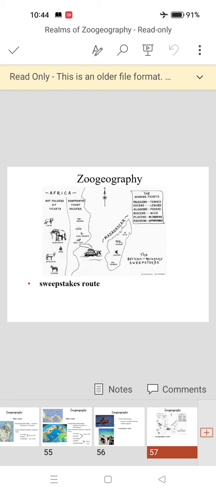Zoogeography is the science of mapping out the surface of the earth with reference to fauna and the distribution of animal life. The various regions of the earth's surface were characterized, among other differences, by local peculiarities in animals and plants.